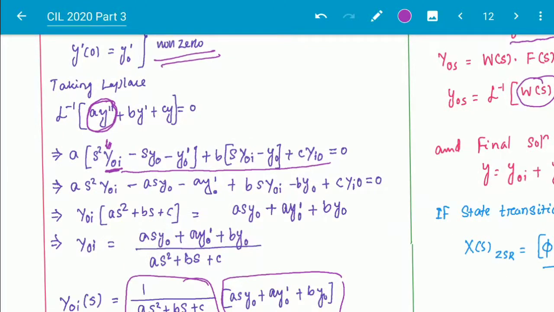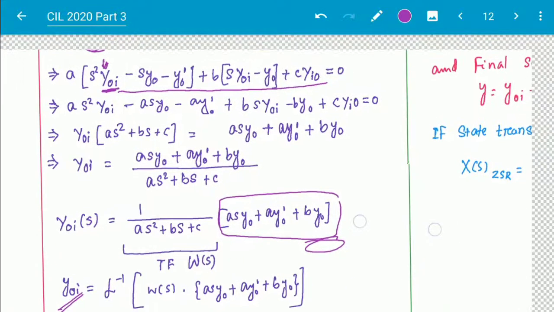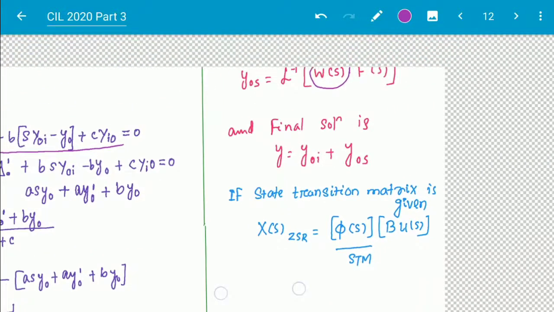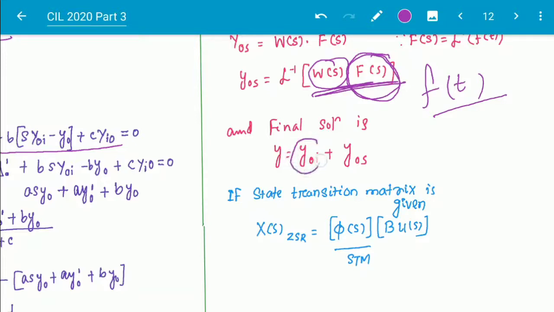This is the transfer function, W(s). It is W(s) into F(s), where F(s) is the Laplace transform of the input function, that is f(t). The final solution is the zero input response plus the zero state response. This is the final solution for y.